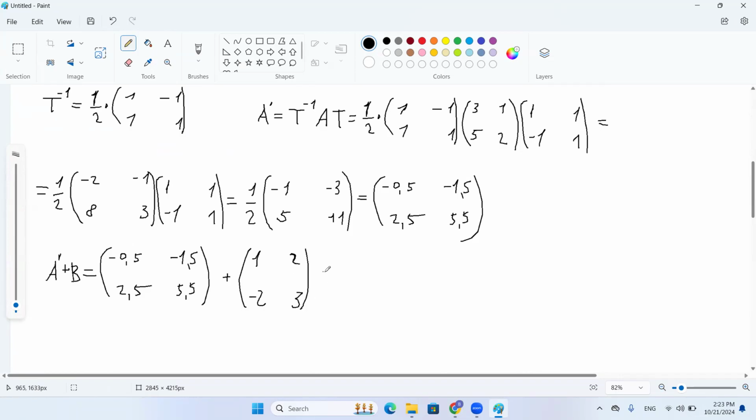So 0.5, 0.5, 0.5, and 8.5. So here is the matrix of this operator.